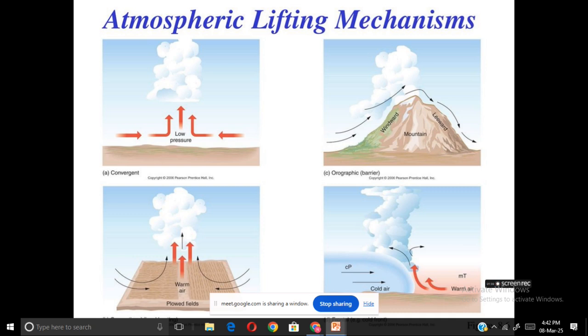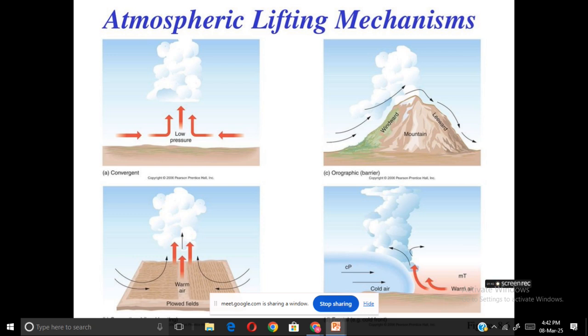And the third one is the convective system. If there is some anomalous heating over a particular surface, like an urban region, some regions have a higher temperature compared to the surroundings. If a region has a higher surface temperature, the air over it will also have a higher temperature.